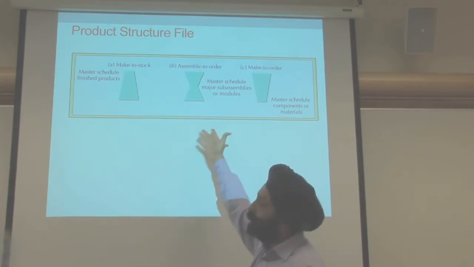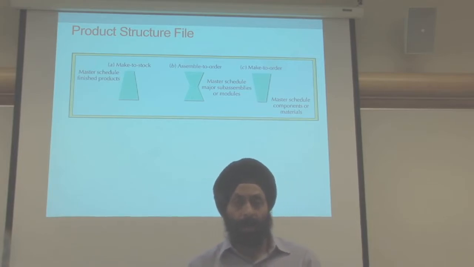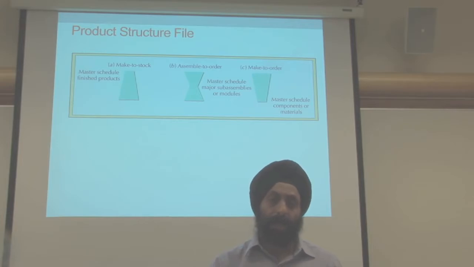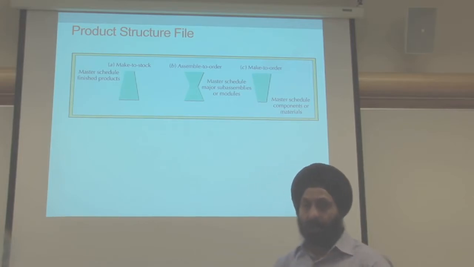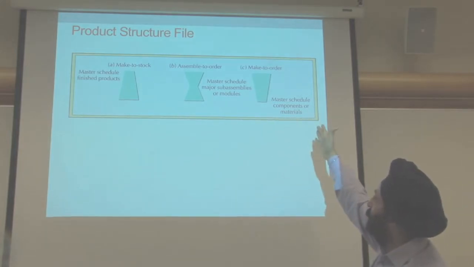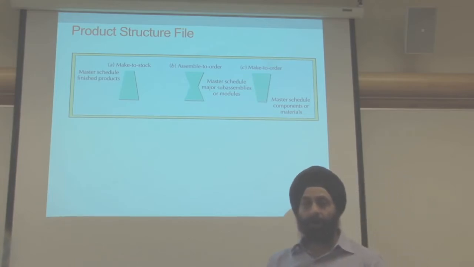Whereas assemble to order will be example of products that are typically computer laptops that are purchased in today's day and age, which typically are assembled as soon as order comes in and customized to the needs of a particular customer. And then finally, make to order, which are strictly created after.